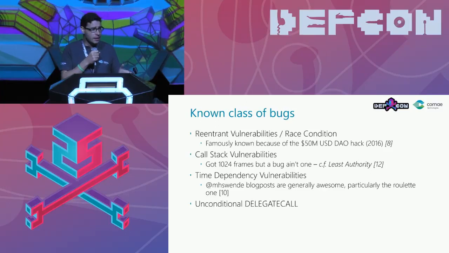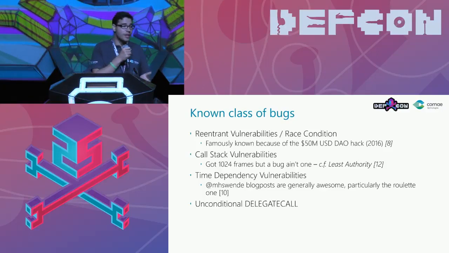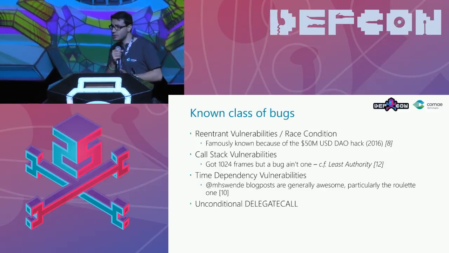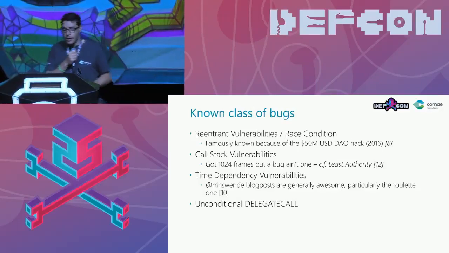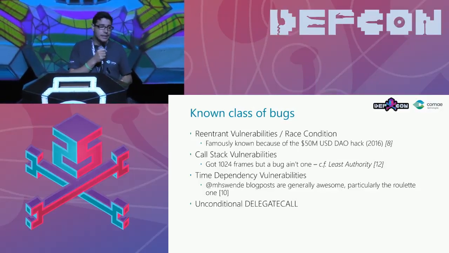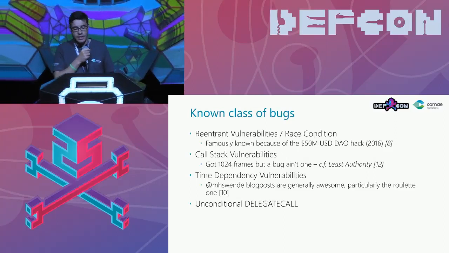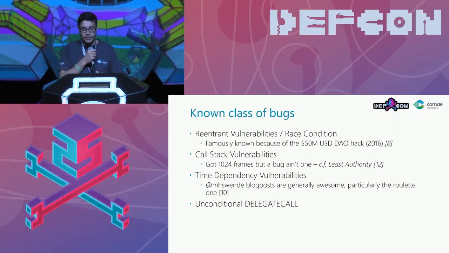Those are very new concepts that have been introduced recently. Then the time dependency vulnerability: while some of the instructions give you time information, they're related to a block, so you can easily guess the future output. And delegate call is what happened with the Parity contract.